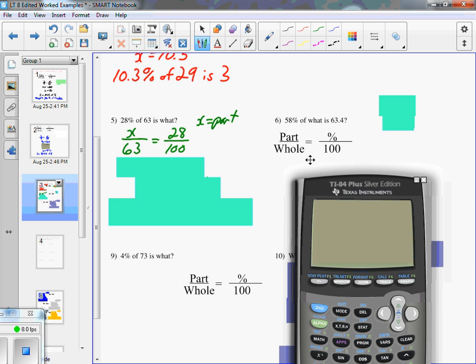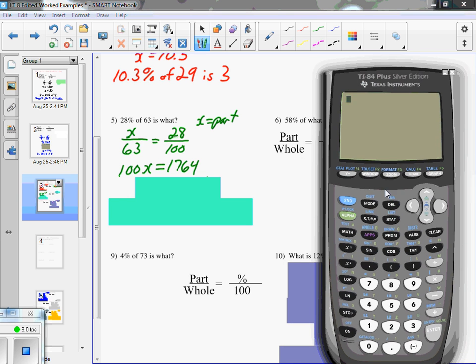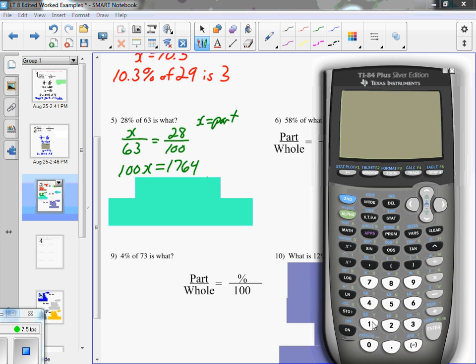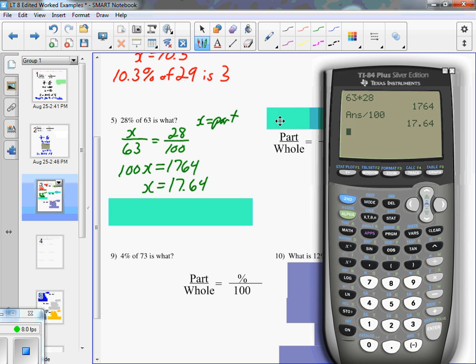So, cross products. 100 times X is 100X. 63 times 28 is 1,764. And then I need to divide both sides by 100. So I get 17.64. The directions said to round to the nearest tenth, but I got a good exact answer.